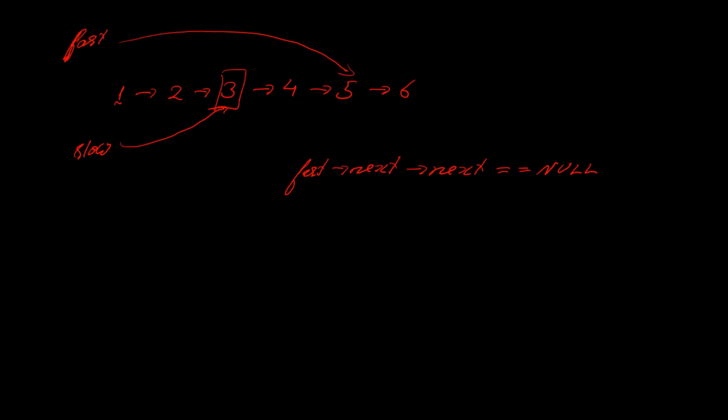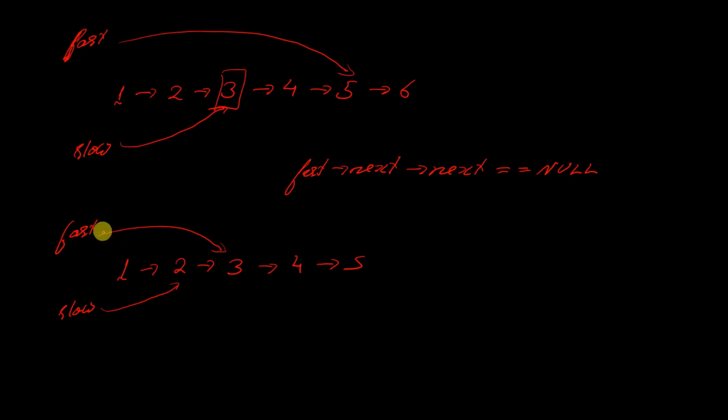So let's see for an odd number of nodes. Here is an example 4, 5. The slow will point here, fast will point here. We have to increase fast by 2 and slow by 1. After increasing, fast will point toward this, slow will point toward this.